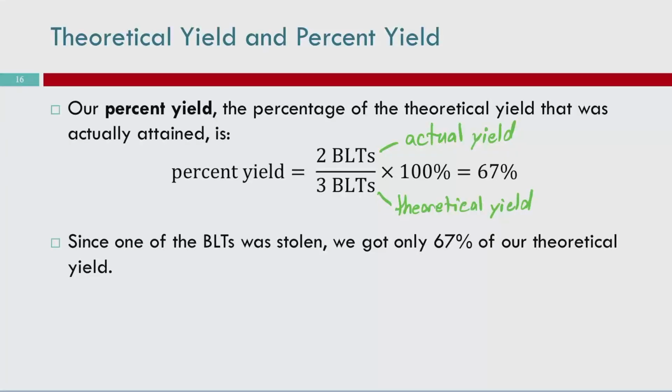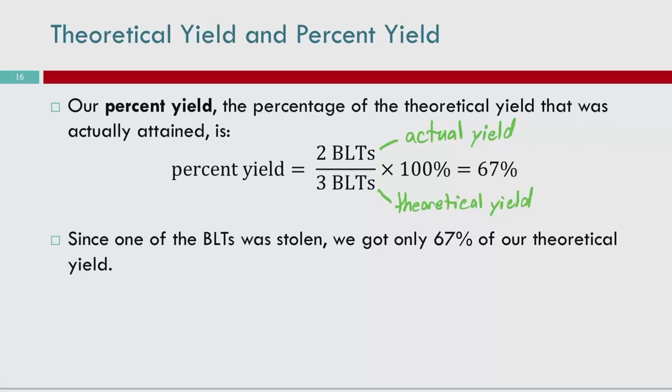And since it's a percent in the name, we multiply by 100%. So 2 BLTs out of 3 possible BLTs, we were shooting 67% from the kitchen, which is not particularly good, I think, for making sandwiches. But again, our dog got in the way of our success.